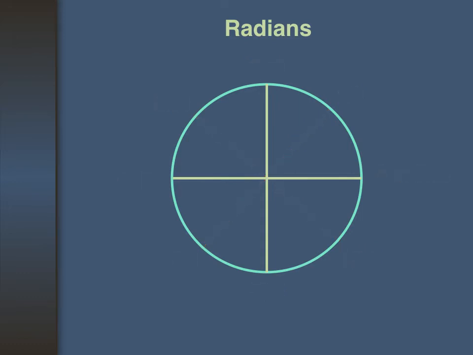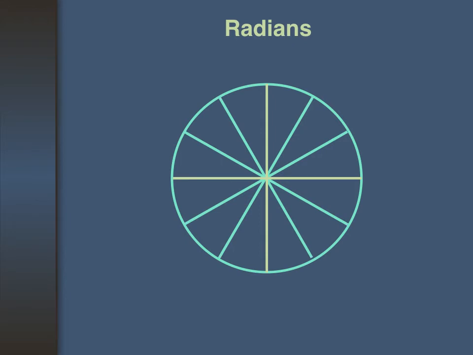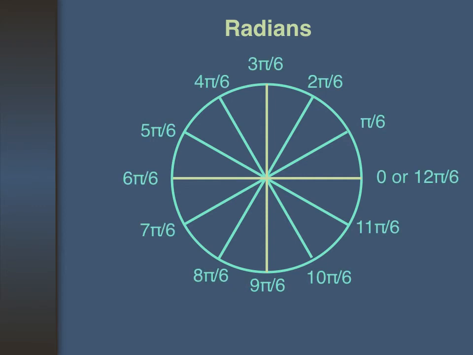Now what we might consider is if we took pi radians and we divided that into 6 equal parts, then this would be our pi over 6 family. So let's take a look at 0, which is on the east spot.